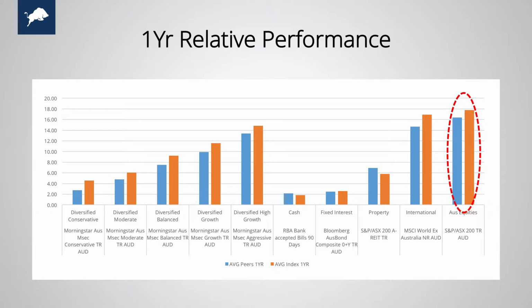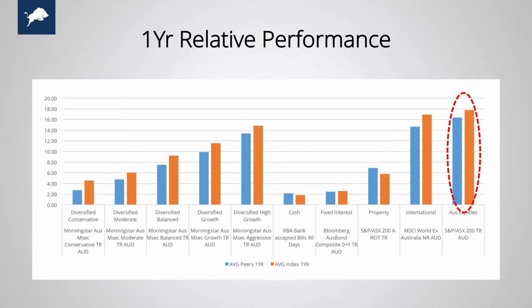Then on the left-hand side of the screen, you've got diversified portfolios. These are just simple diversified portfolios that we've grabbed from the Morningstar side of things. And you can see how each of those diversified portfolios, so conservative, moderate, balanced, growth and high growth, have gone over the years. They're made up of all the asset classes on the right-hand side.